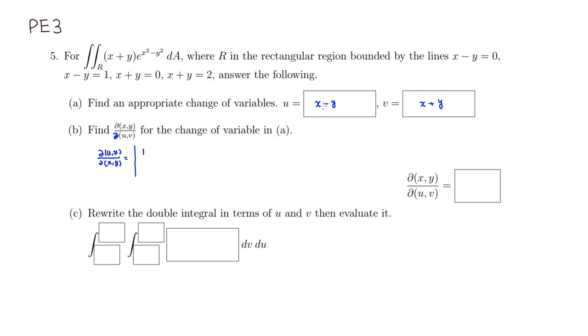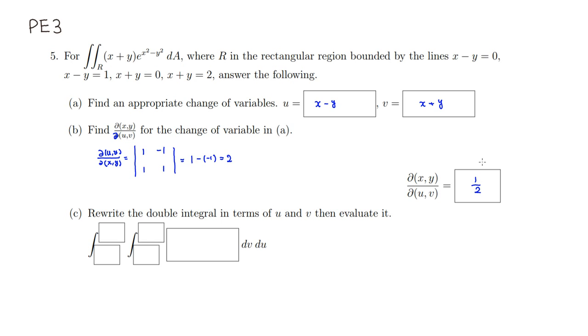Partial of u with respect to y, that will be -1. Partial of v with respect to x would be 1, and partial of v with respect to y would be 1 again. So this is just a determinant: 1 times 1 is 1, minus -1 times 1, so it's a -1. This is going to give you 2. But what we want is actually the reciprocal of that, so it's going to be 1/2.